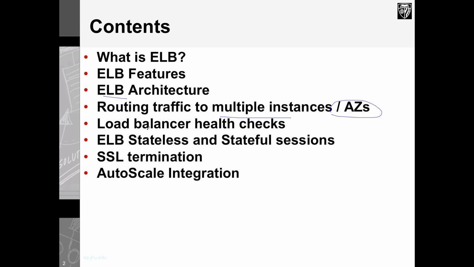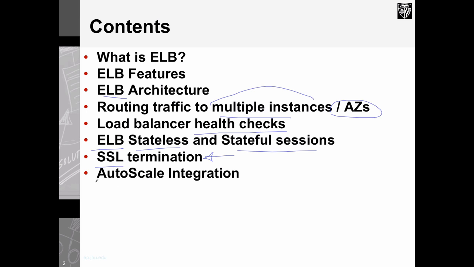We'll figure out how the load balancer conducts health checks against the instances that we start in these multiple AZs. Then we'll talk about stateless and stateful sessions and how we can enable that feature within ELB. We'll talk about SSL termination, how we can use ELB to terminate SSL connections from our user browser.